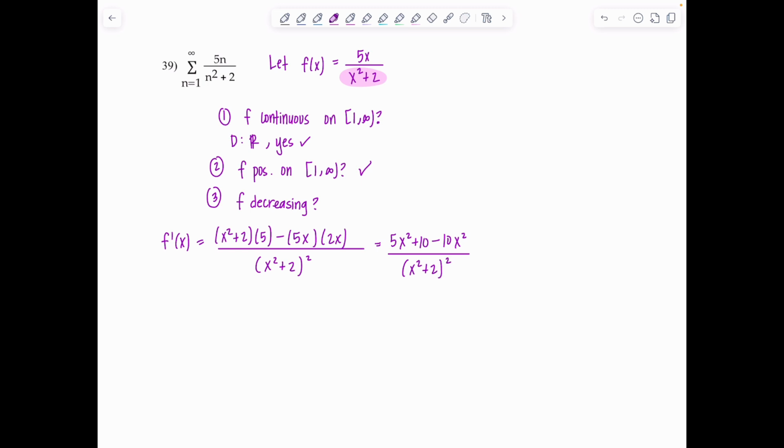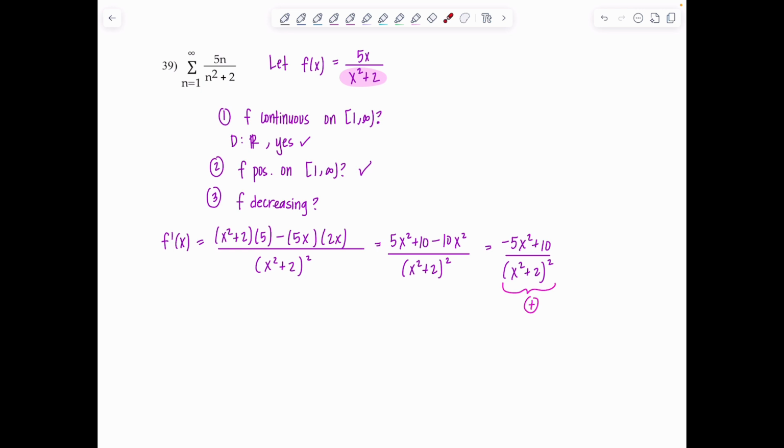So let's see now, this is going to be negative 5x squared plus 10 over x squared plus 2 squared. Well, the denominator, I can tell, that's always positive, right?